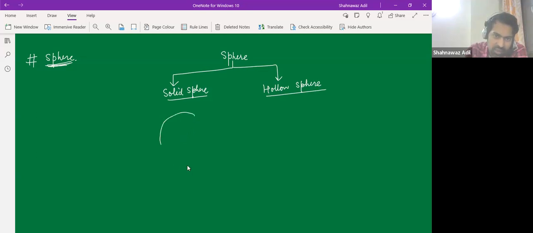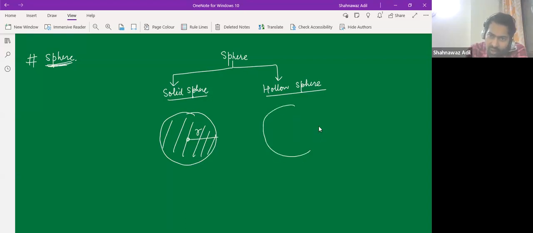So this one is the solid one, which is filled, and its radius is r. And then we have this hollow one. This hollow one has only this outer surface. Inside it is empty, and this is filled from the inside, right? But both have the same surface.